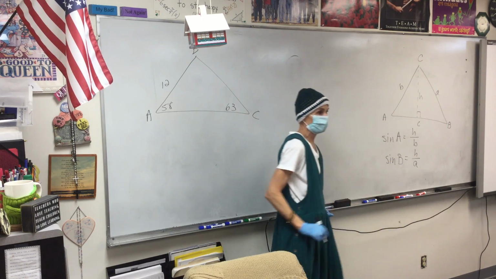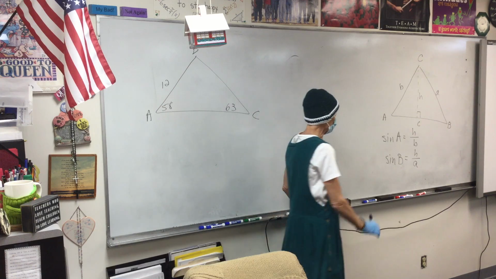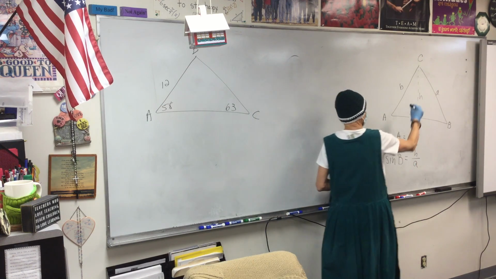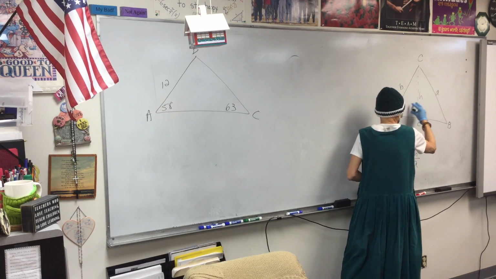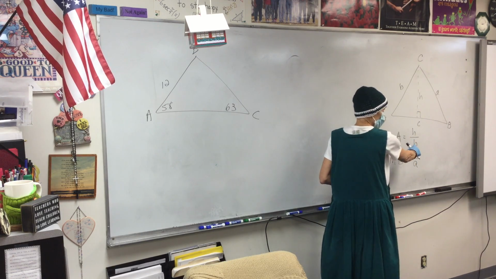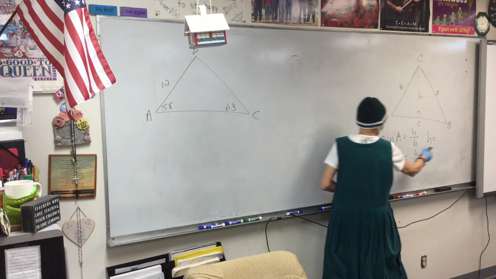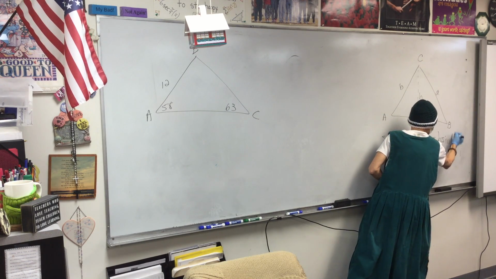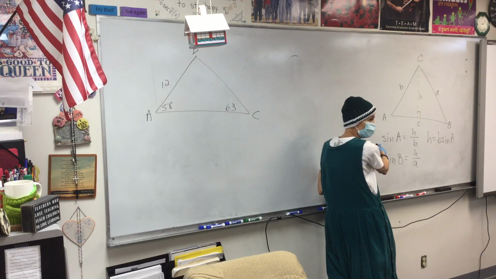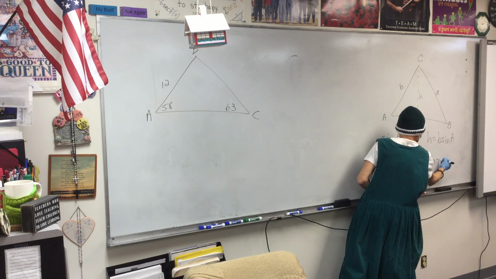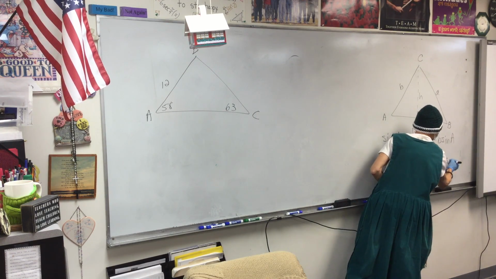Is that a legitimate thing for me to say? Now I'm going to take both of these equations, which came from these two little right triangles, and I'm going to solve them for H. So in the top one, H would equal B sine A. Everybody okay with that? And H in the bottom one would equal A sine B.